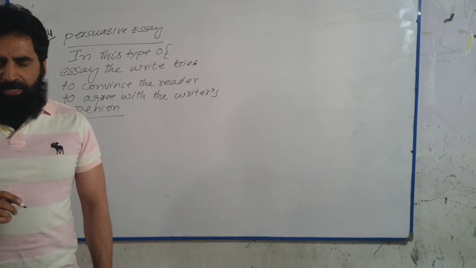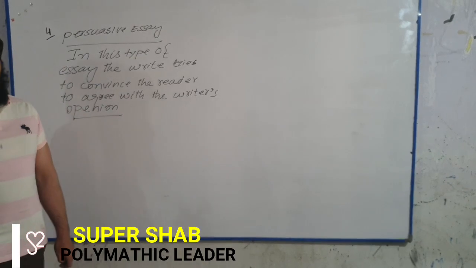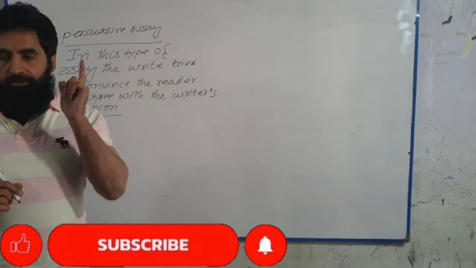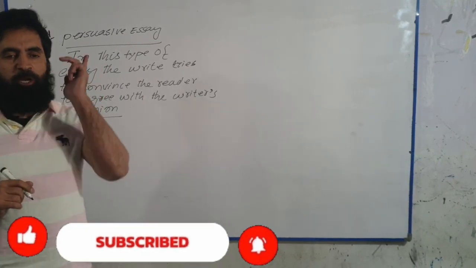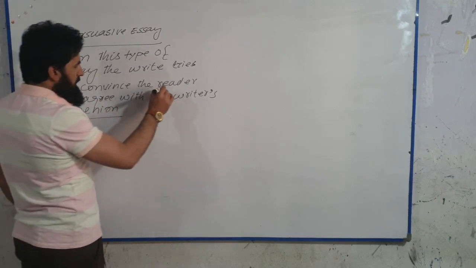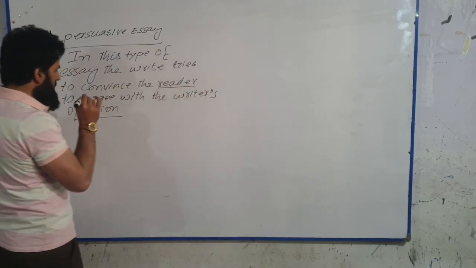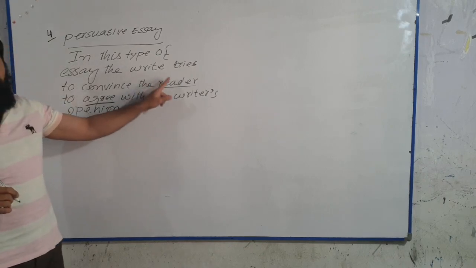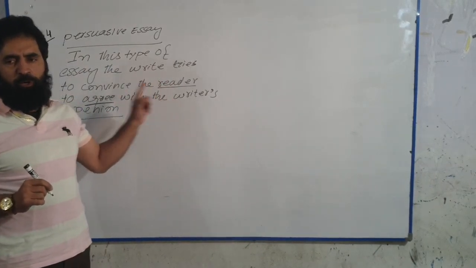When you write a persuasive essay, you are going to try to convince the reader to agree with your point of view, with your personal voice. Now, how does the writer convince the reader to agree with the writer's point of view?